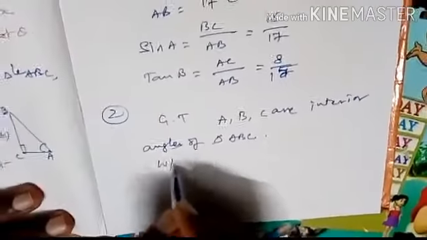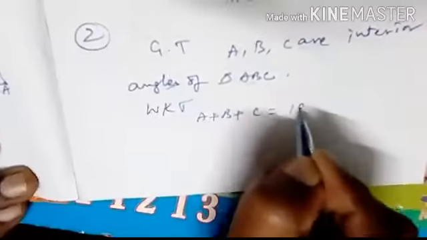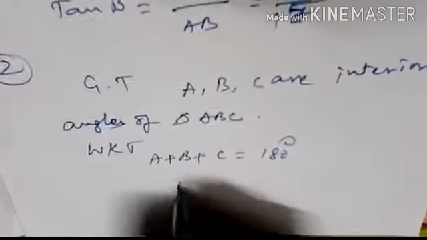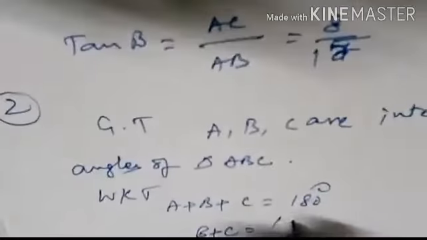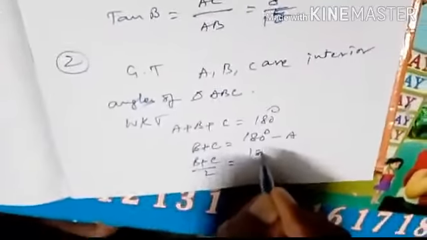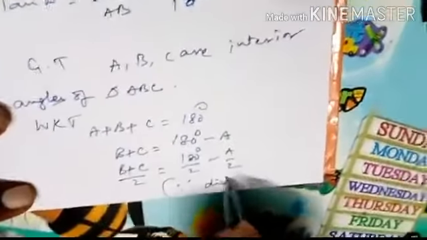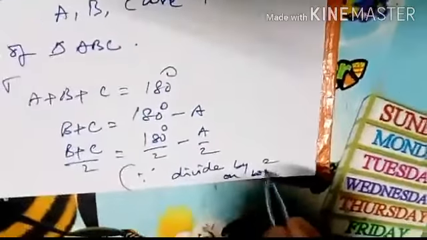We know that A plus B plus C is equal to 180 degrees. So we need the value of A. So B plus C is equal to 180 minus A. So (B plus C) by 2 is equal to 180 degrees by 2 minus A by 2, dividing by 2 on both sides.